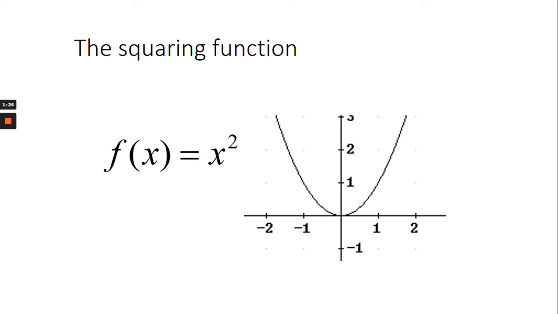Now, for example, we have the family of functions known as the squaring function or the quadratic function. Alright, the quadratic function. So in the family of quadratic functions, the simplest function is f of x is equal to x squared.